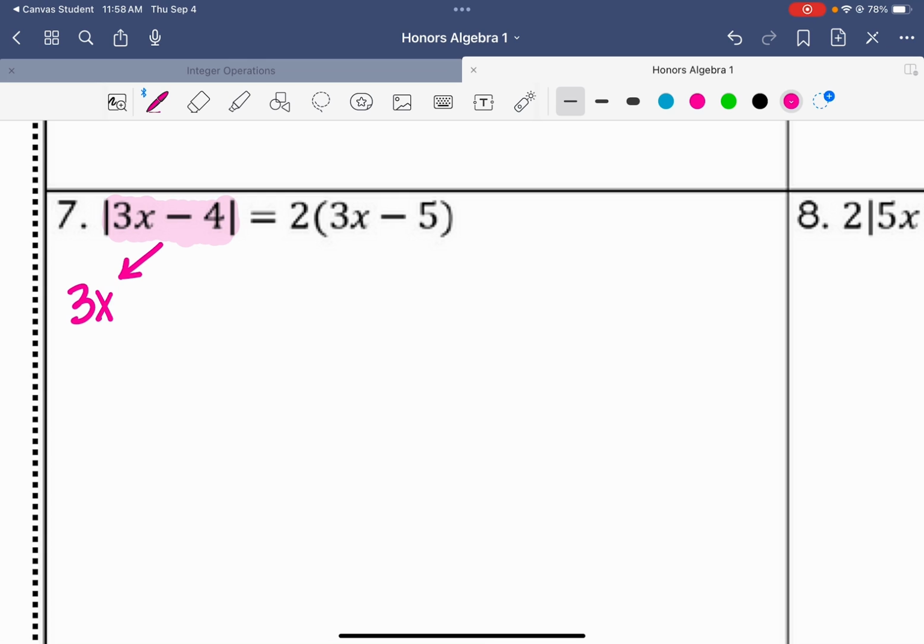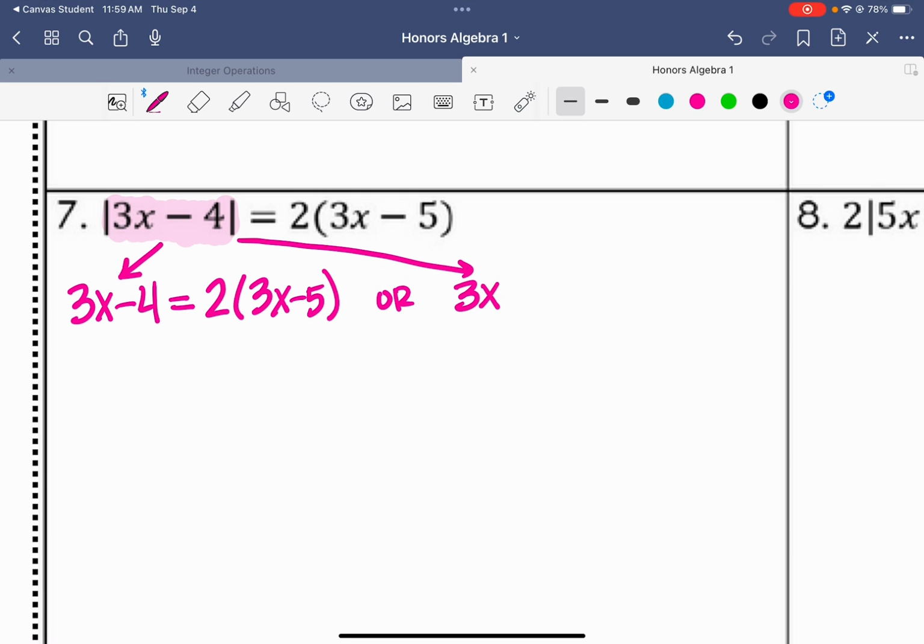So 3x minus 4 could be equal to a positive 2 times 3x minus 5. Or what's inside the absolute value, 3x minus 4, could be equal to a negative 2 times 3x minus 5. Technically the whole thing is negative, but we can say it as a negative 2.